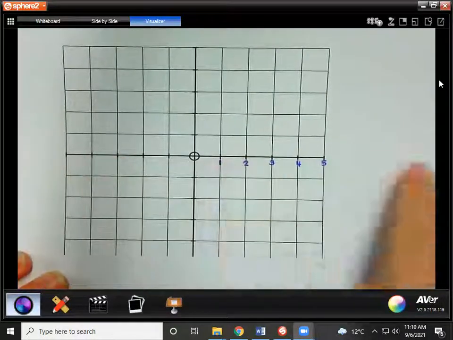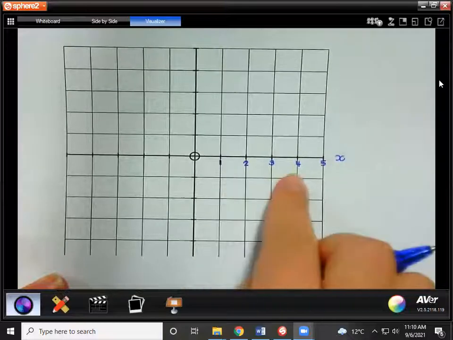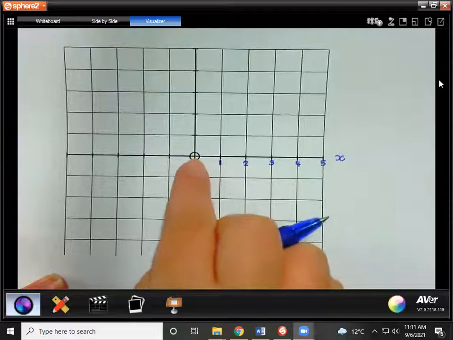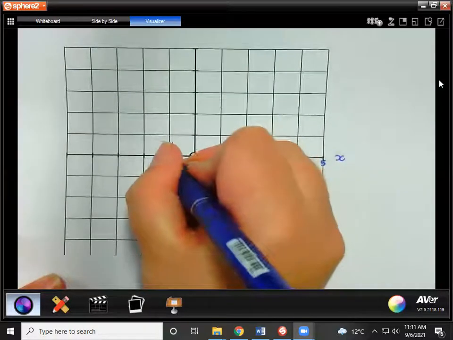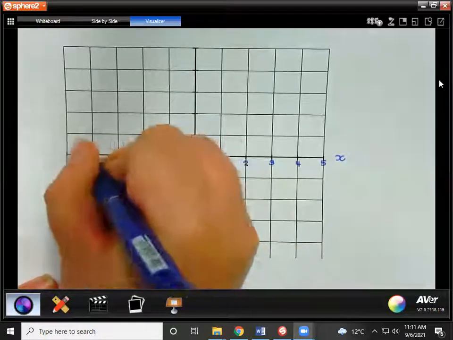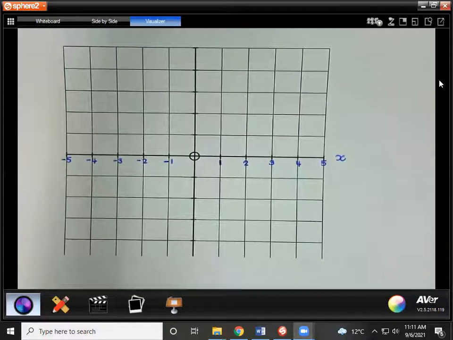And what axis is this? The flat axis is the X-axis. So you're going to tell me these numbers first. What do we think here? 0. This is -1, -2, -3, -4, and -5. We're going to go into the negatives as well.